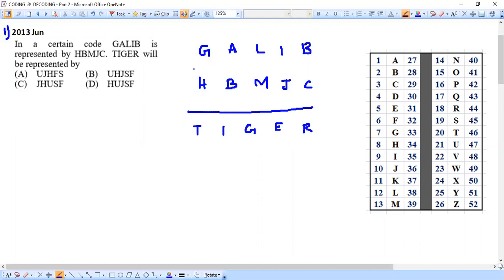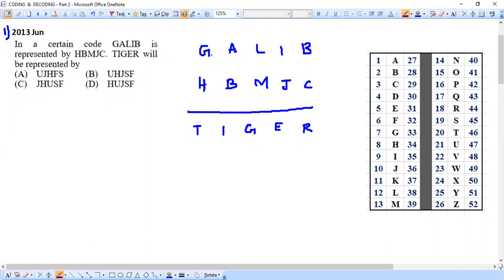So the question seems to be very simple. We'll start from what is given to us. GALIB is coded as HBMJC. The moment we are given the question, the first observation we need to do is whether we have the same letters or a different set of letters.